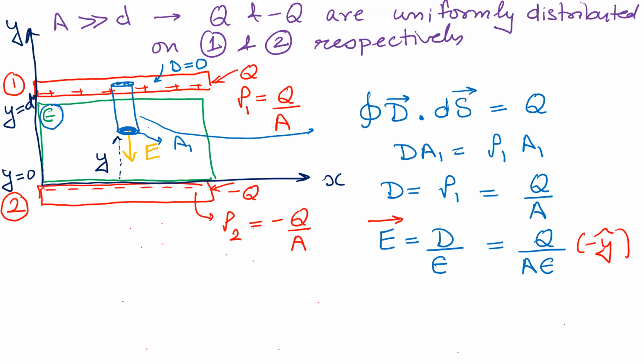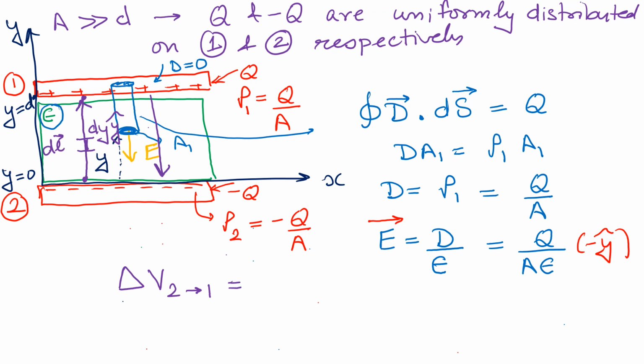Now what I have to do is calculate the potential difference, delta V 2 to 1. So I want to go from conductor 2 to a point on conductor 1, and obviously here E is coming nice and straight down, so we can take a nice straight path up. I have my dl, a small section dy in the y hat direction.